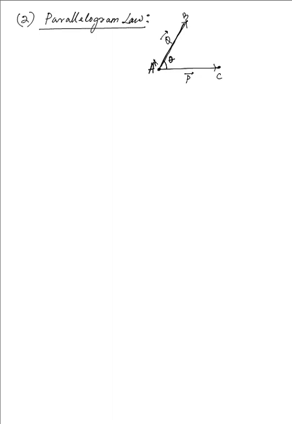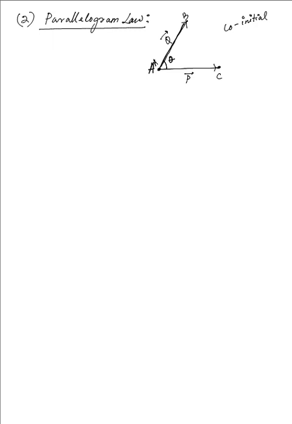Now these vectors which initiate from a common point, as I said, there are many types of vectors. We just discussed a few of them in our previous video. These type of vectors are called co-initial vectors. So these are co-initial vectors which initiate from a common point.